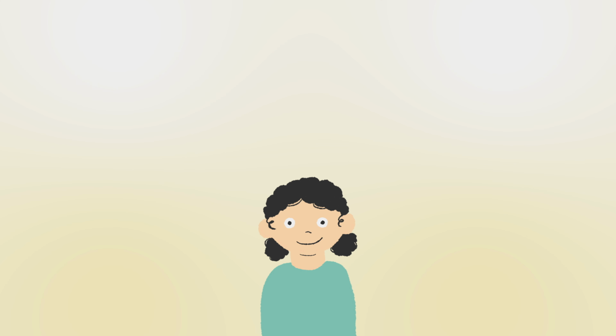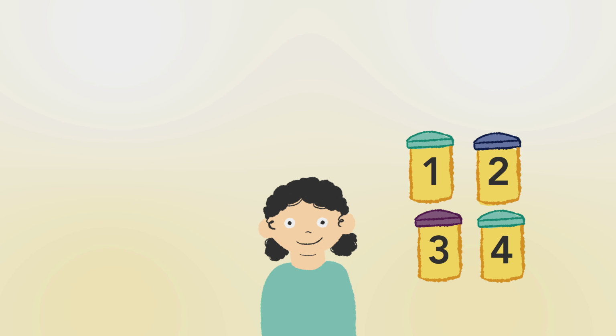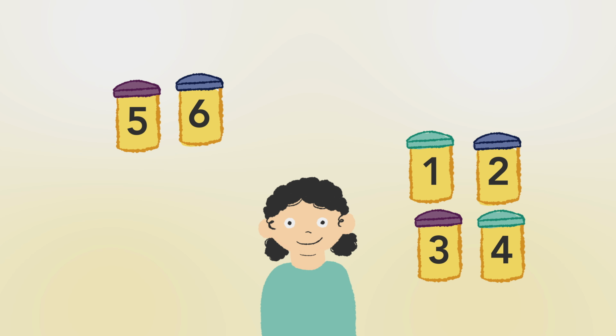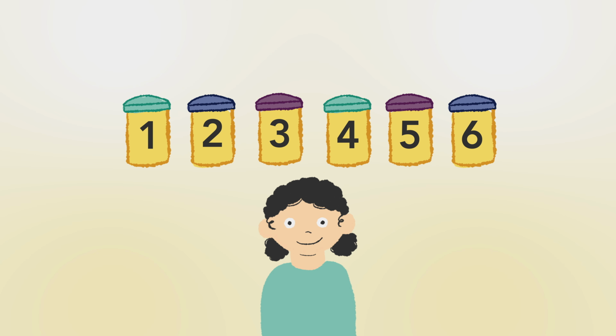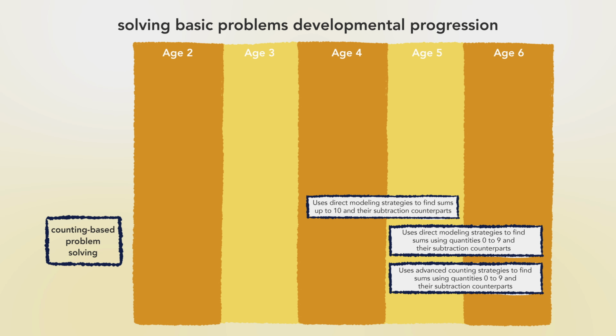But later that same day, she may need to count the 4 clay containers on her table, then count the 2 additional clay containers, and then put them together to determine that this new, larger set will be 6. Expect children to move back and forth between counting all and counting on as these strategies develop.